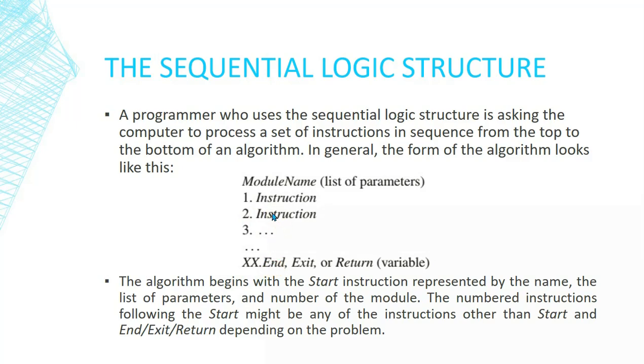We are following the sequence of instructions. So we start with the first, second, third, and this is what we mean by sequential logic structure. We don't jump from one instruction to different sequenced instructions. We follow the sequence as it is one by one as shown on this slide.